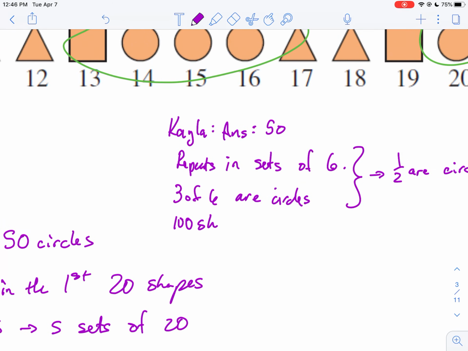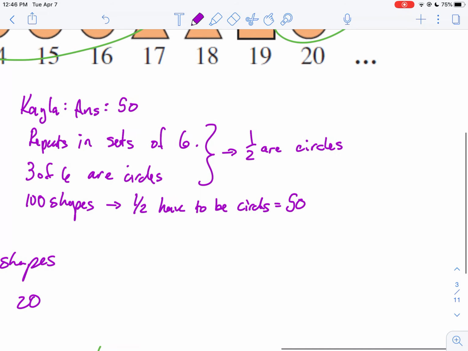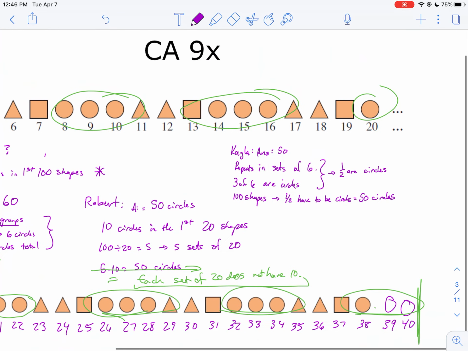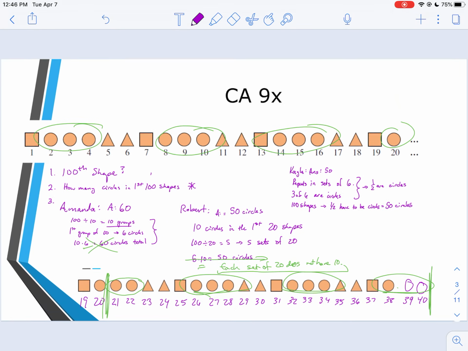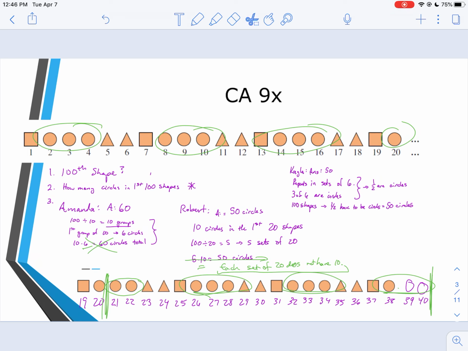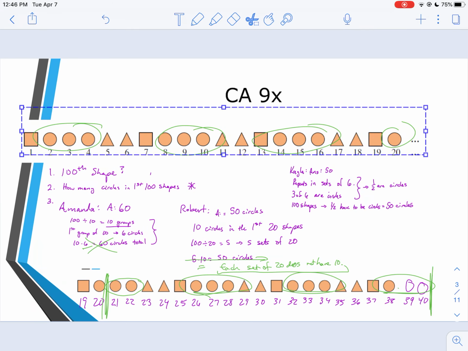Since there's 100 shapes total, half have to be circles. So she's saying 50 shapes are circles. Seems pretty reasonable, don't you think?